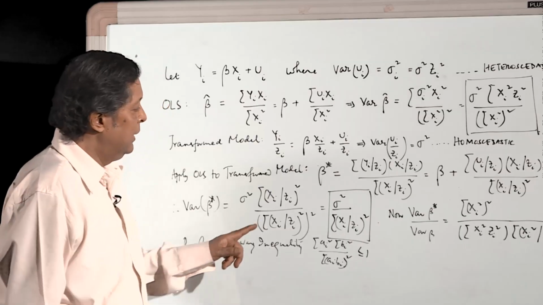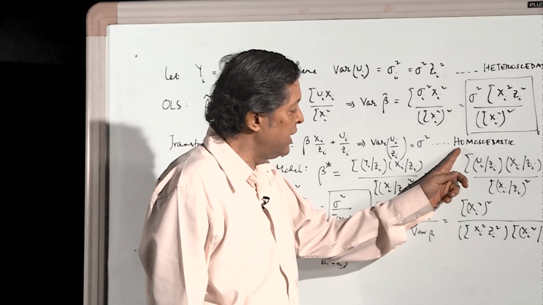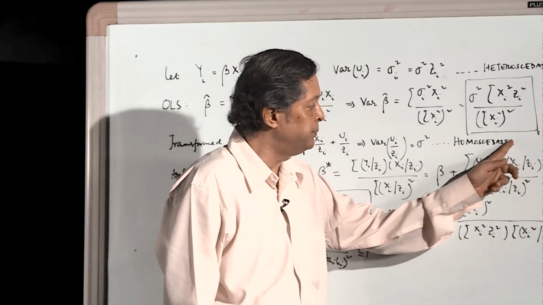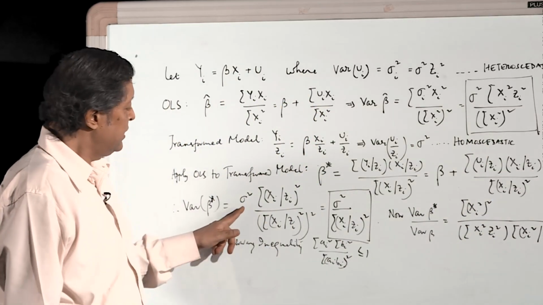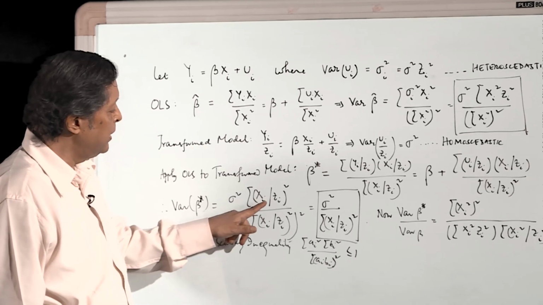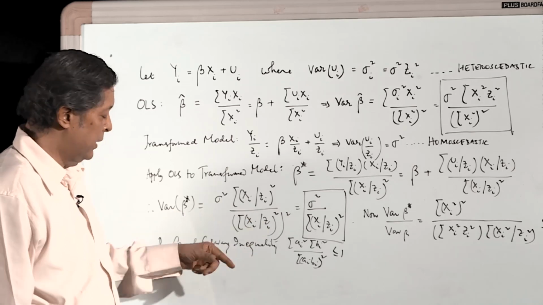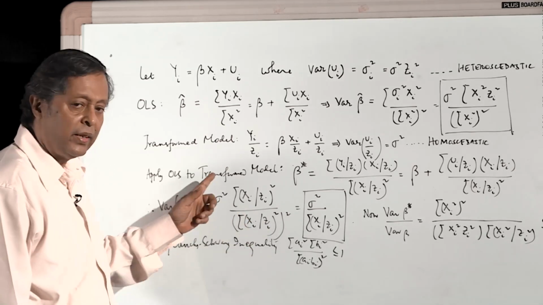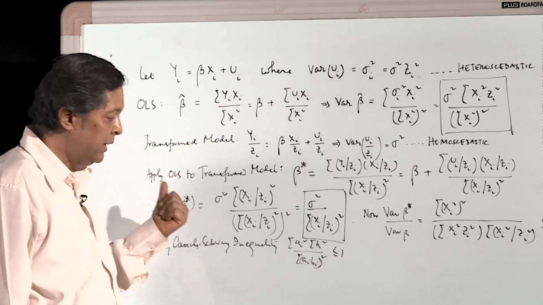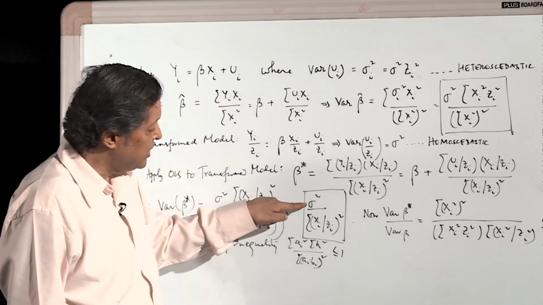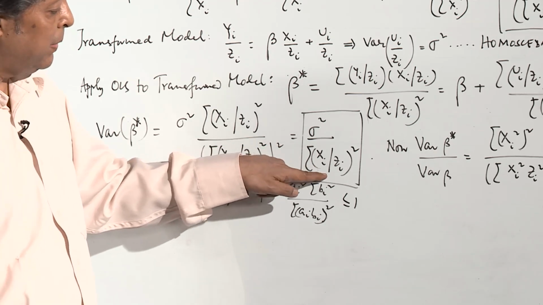Now, this is also unbiased. The variance will be the expectation of the square of this term, and that will give us sigma square summation xi by zi whole square divided by summation xi by zi square whole square. This is just like sigma square divided by 1 upon summation xi square in the model where we do not have heteroskedasticity. So, the result comes out as sigma square divided by summation within brackets xi by zi whole square.